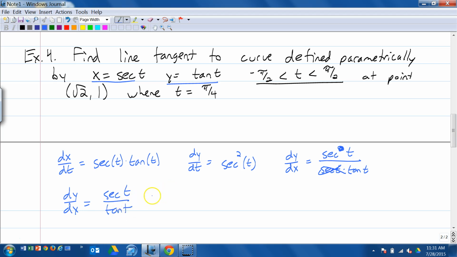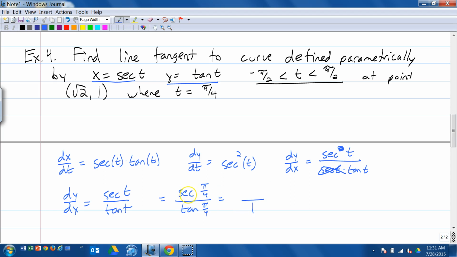Here's where your trig comes into play. I want to evaluate this when t is pi over 4. So I have secant of pi over 4 over tangent of pi over 4. Well, tangent of pi over 4 is simple because remember at pi over 4, cosine and sine are both root 2 over 2, which means that tangent is 1 because when you divide that, you get a 1.